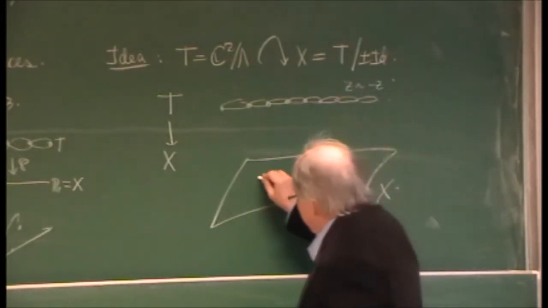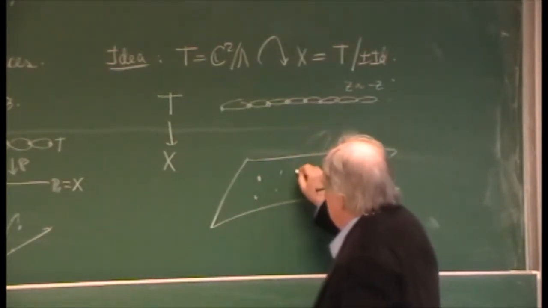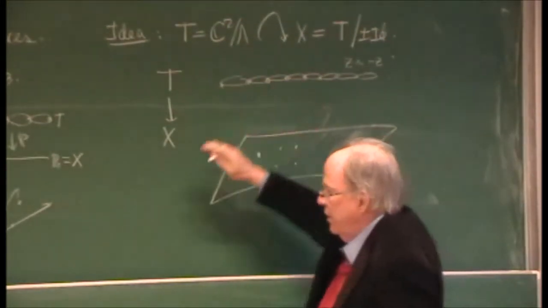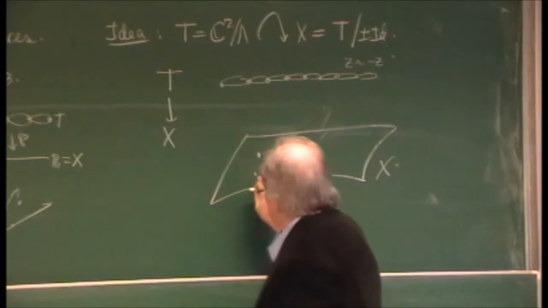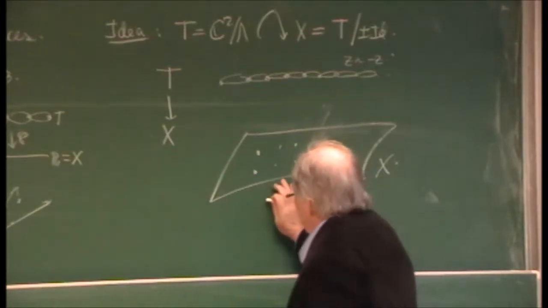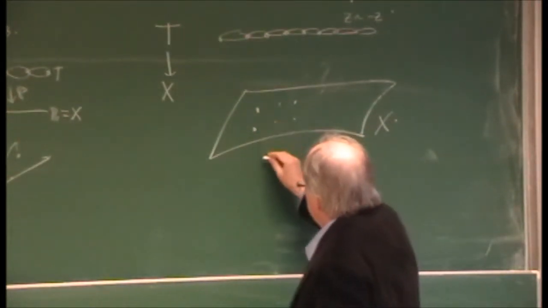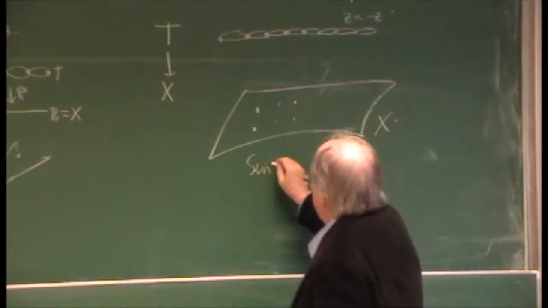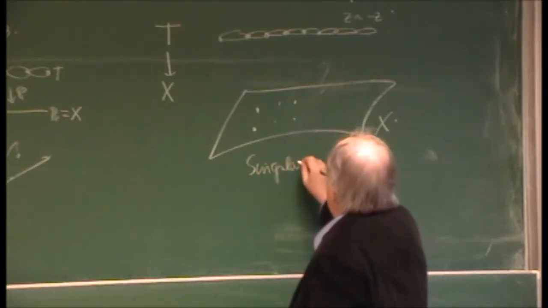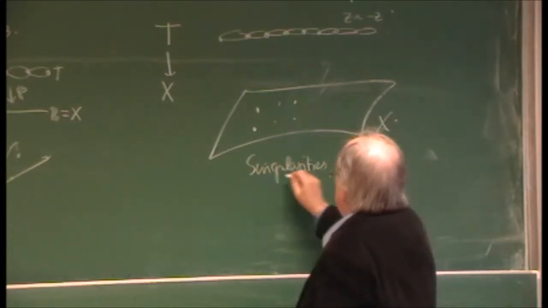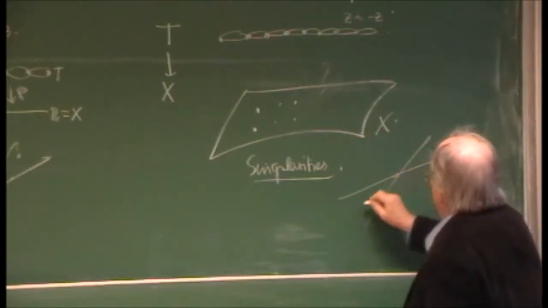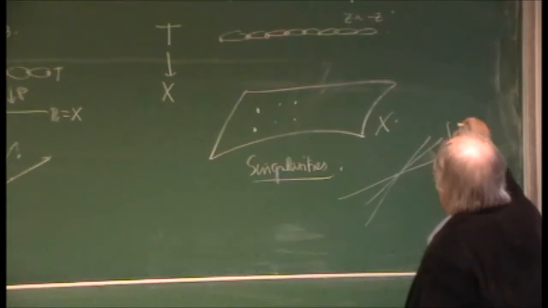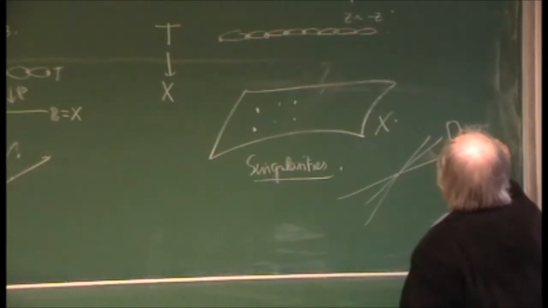These points here, however, are singular. Even though it's a ramified quotient, the rest is smooth, but these points are singular. However, the singularities are not too bad. They are simply cone singularities, which you can think of as a cone over a smooth conic in P2.